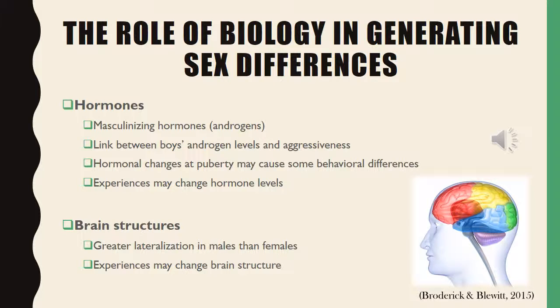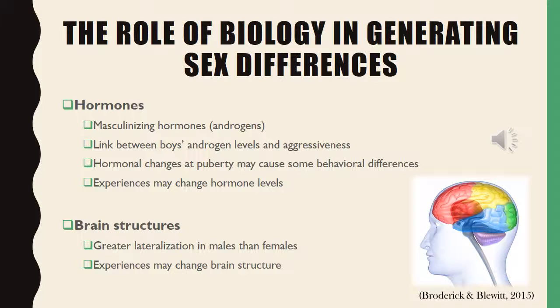So why does biology generate some of these differences? As we look at early development, even in utero, there are masculinizing hormones, androgens, that begin creating some of the differences between male and female genitalia, and then those androgens continue into childhood, and androgen levels have been linked to some aggressiveness, so we might see that more in young boys.